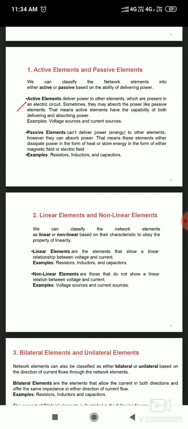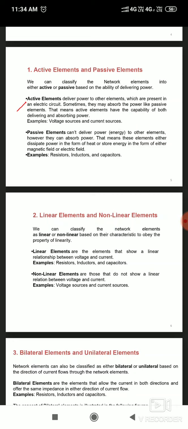Sometimes they may absorb power like passive elements. It is not compulsory that they must deliver, but generally active elements deliver power to the others present in the electrical circuits. So active elements have the capability of both delivering as well as absorbing power.